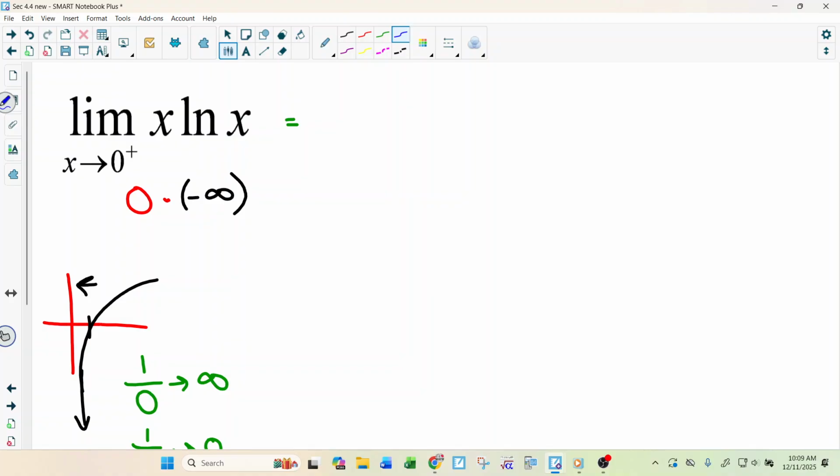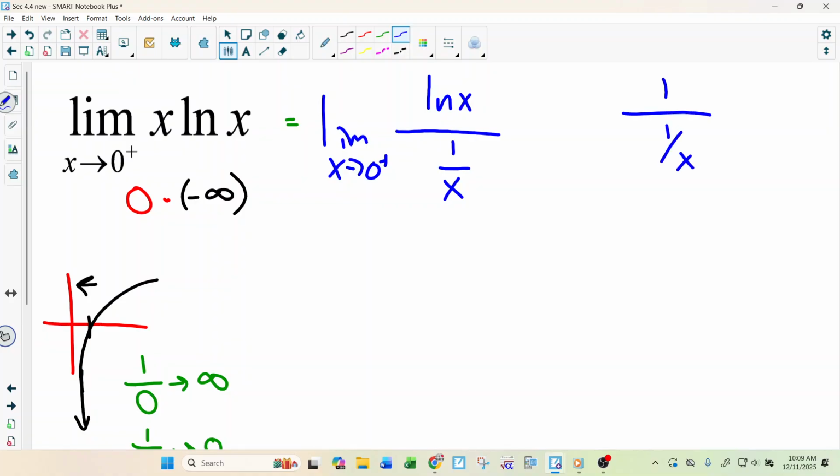So what I can do is rewrite this as the natural log of x divided by 1 over x. Notice the x here, I can just write it as 1 over 1 over x.